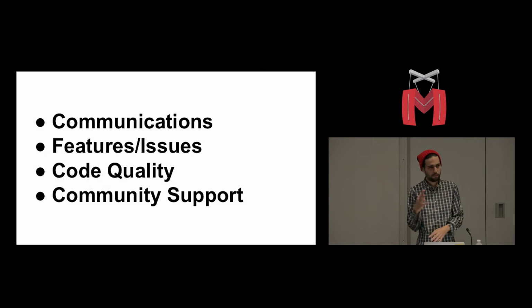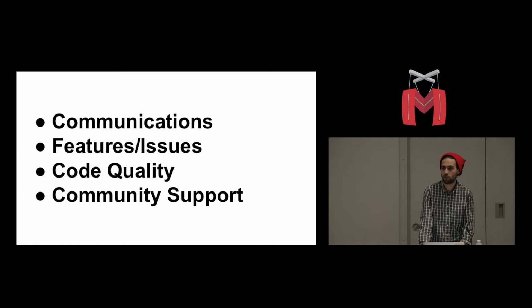There are 4 big pieces of how the project is run and how we deal with each other. There's communications between all of us and the community, features and issues, features being like, I want Marionette to do this, issues like, it doesn't work when I press this. Code quality, which is the overall complexity and readability of our code base.